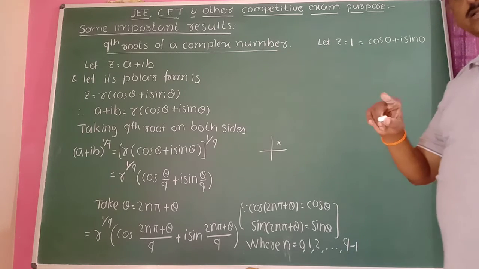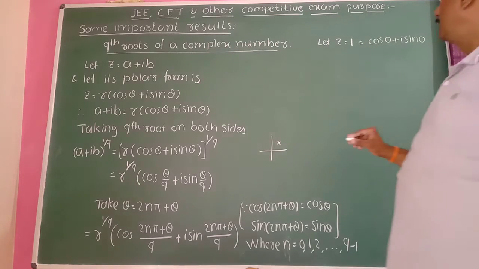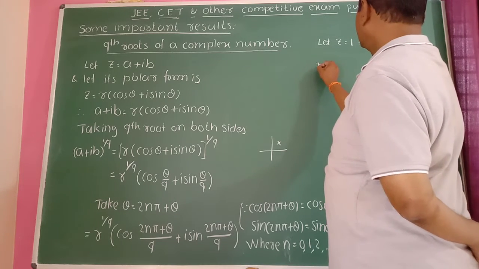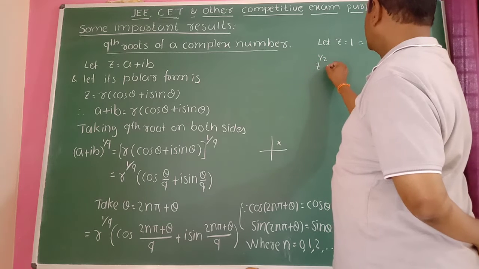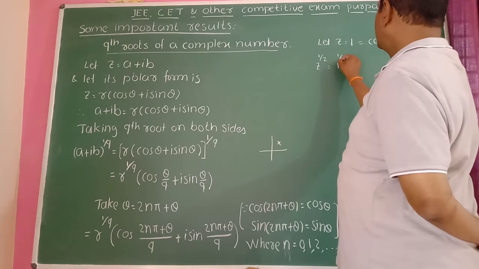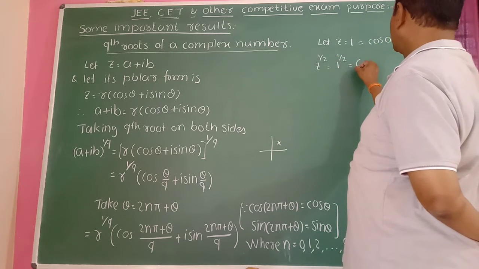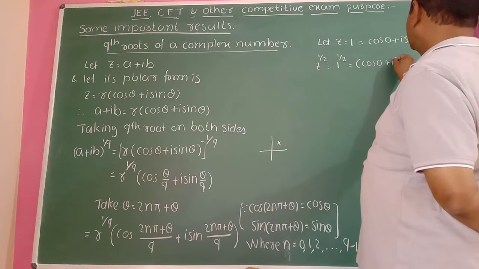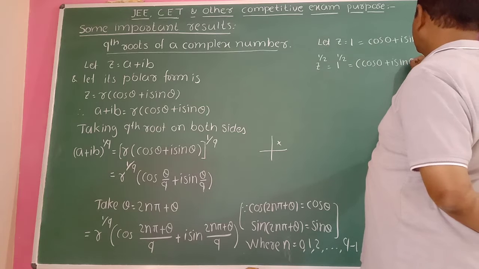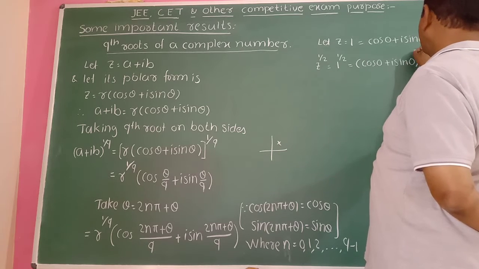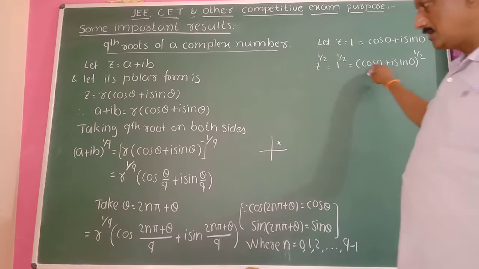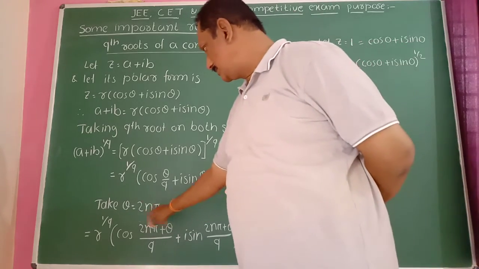Here we want the square root of unity. Therefore z raised to 1 by 2 is equal to 1 raised to 1 upon 2, which is equal to (cos of 0 plus i sin 0) raised to 1 divided by 2. In this case theta is 0, so just replace here.